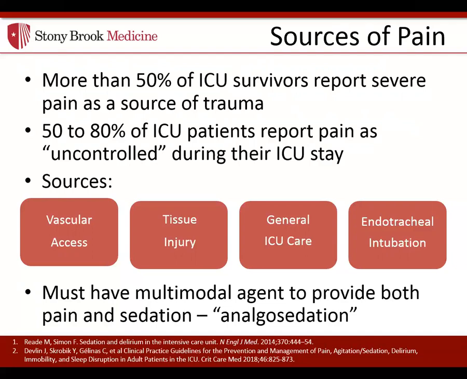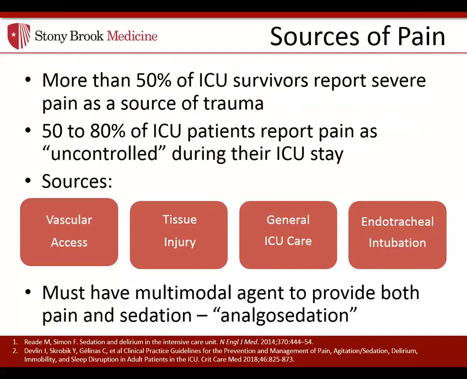This pain is due to a number of reasons. Vascular access, like we spoke about earlier, so insertion of an arterial line or central access, tissue injury because of trauma or decubitus ulcer formation, general ICU care, repositioning the patient, nasogastric tube insertions, wound care, and endotracheal intubation.